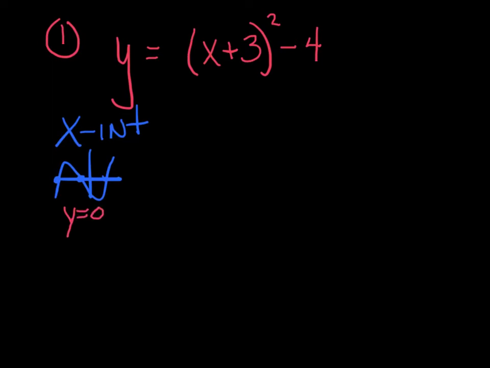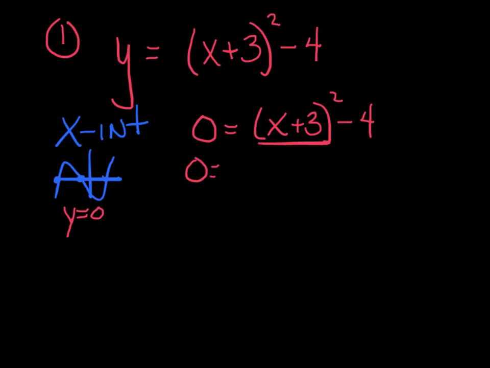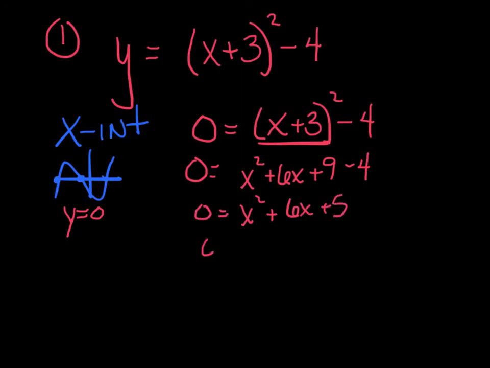So all I simply do is replace y with 0 and solve my problem. So I've got 0 equals, order of operations, I'm just going to FOIL that out. Hopefully you can do that in your head. x squared plus 6x plus 9. If you can't, write it twice and FOIL. Minus 4, so I've got x squared plus 6x plus 5 equals 0. Quickly factor and solve. x plus 5 and x plus 1.